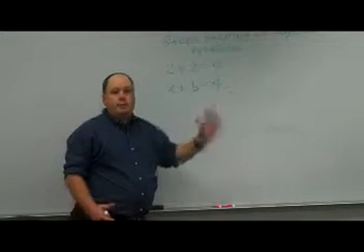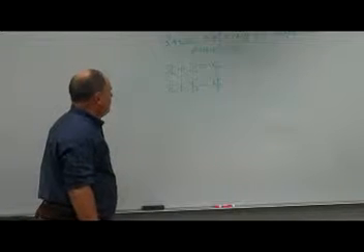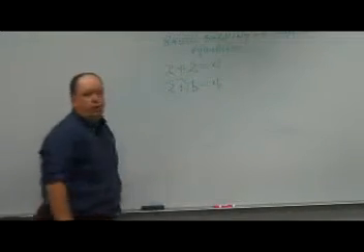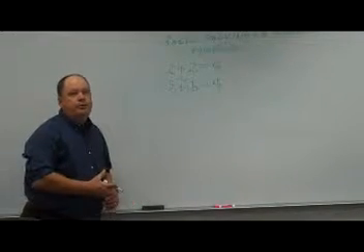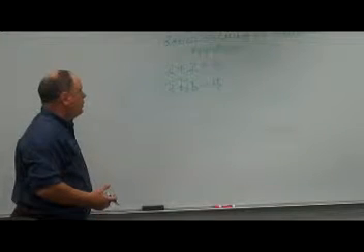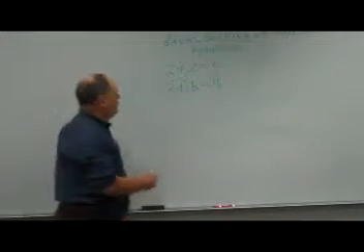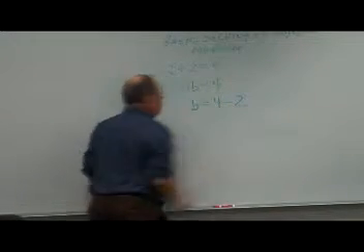When you do that, you're able to solve any algebraic expression. So, this 2 here is addition. And when it jumps the fence, it becomes the opposite of addition. And so, the opposite of addition is subtraction. So, now you end up with B equals 4 minus 2.